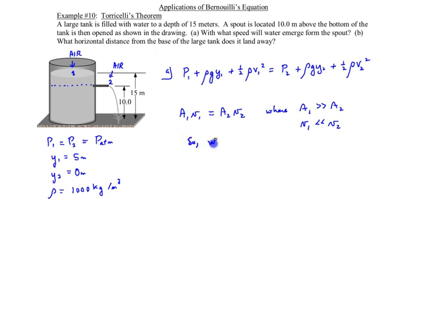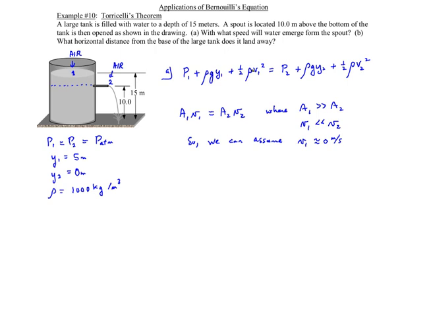So we can assume that velocity 1 will be approximately 0 compared to velocity 2. That means that this term will drop out.